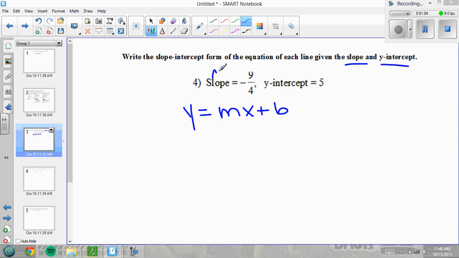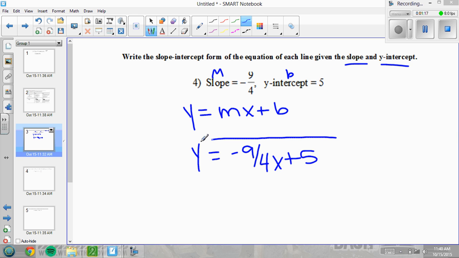So we know our slope is m, so I know negative 9/4 x. And our y-intercept is b, which is 5. Since there's not a negative in front, that has to mean plus 5. And that's how you're going to do 1 through 3. All you're doing is plugging in m and b.